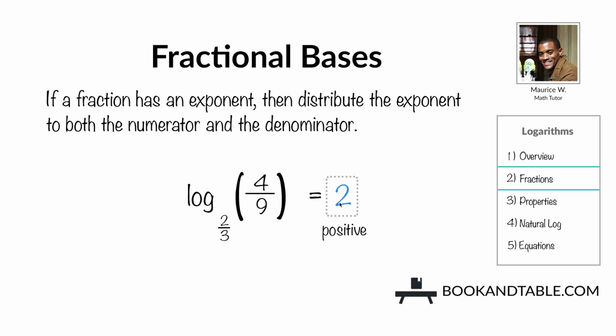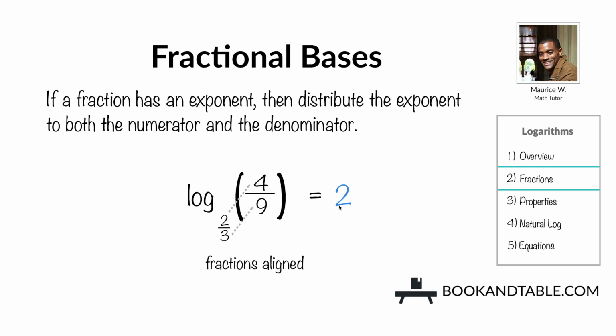And this shows us that if we have a base that is a fraction and the logarithm has an argument that is a fraction, when this is positive, that lets us know that the base and the argument have fractions that are aligned. 2 squared gives us 4, and 3 squared gives us 9.